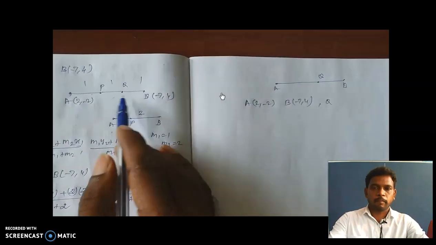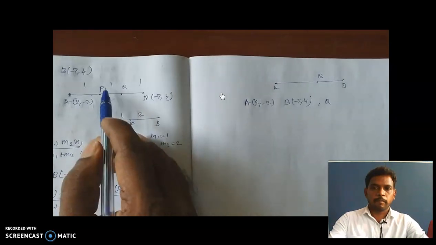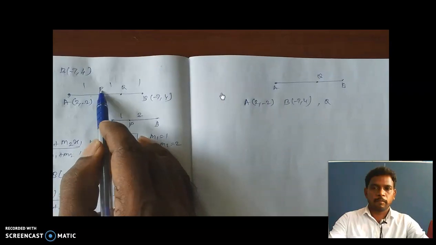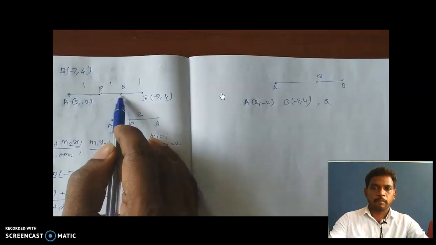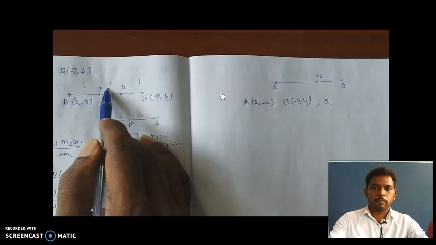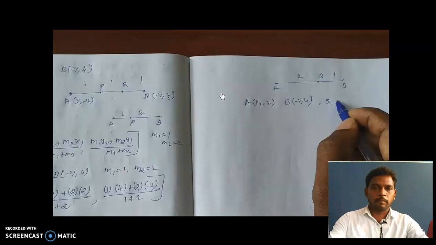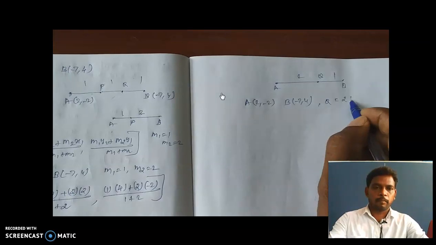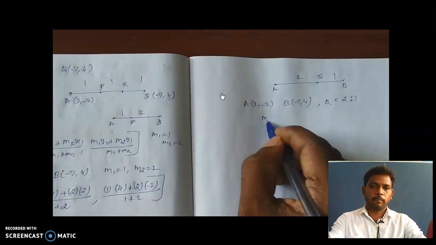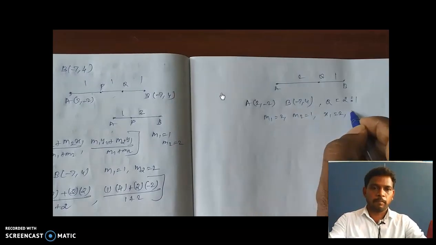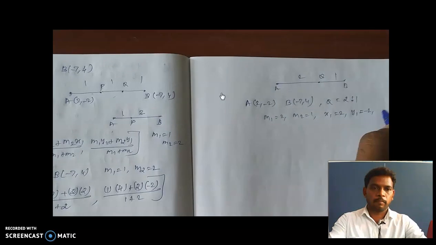From this diagram, we are going to find the coordinates of Q only, so just remove P. Then AQ is ratio 2 and QB is 1, so the ratio of Q is 2:1. Therefore M1 value 2, M2 value 1. Similarly, x1 value 2, y1 value -2, x2 value -7, y2 equal to 4.